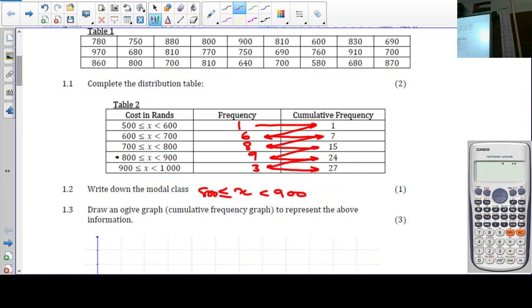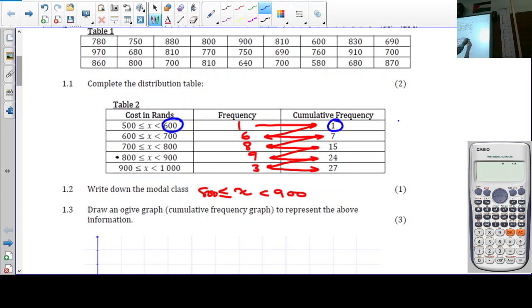The next question says draw an ogive graph, cumulative frequency, to represent the above information. Now this question was poorly answered by the students whose papers I've marked. When we draw cumulative frequency, we use the endpoint of the class interval and we use our cumulative frequency.